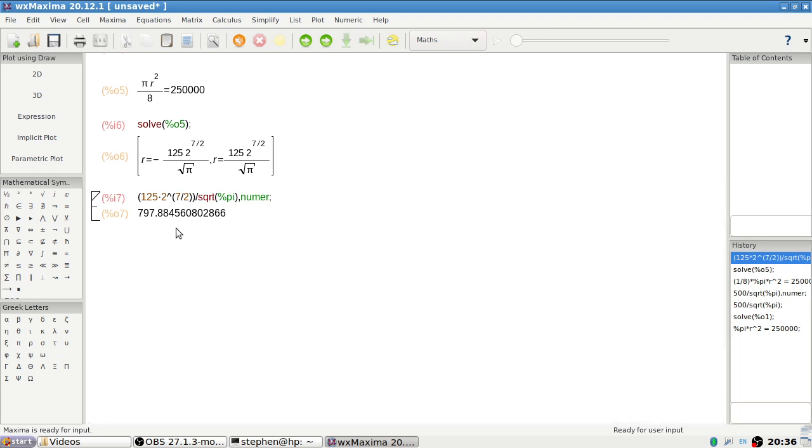But they don't actually want the radius, we want the arc length. And the arc length formula is r times theta. So that would be the radius, which is %07, times the angle. 45 degrees is pi over 4.